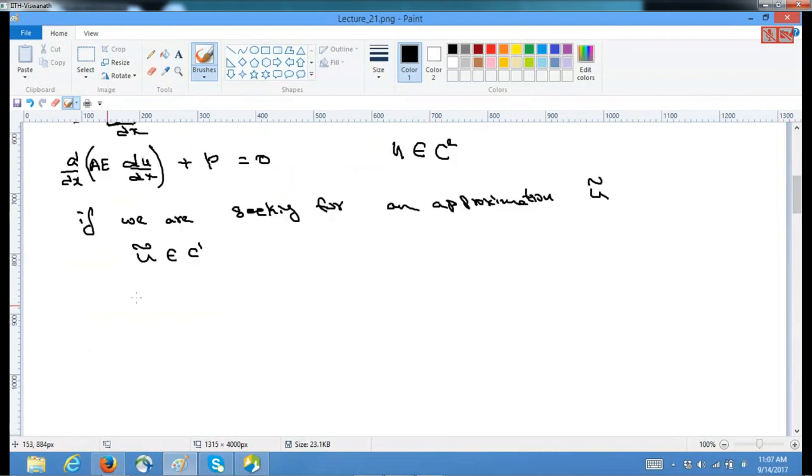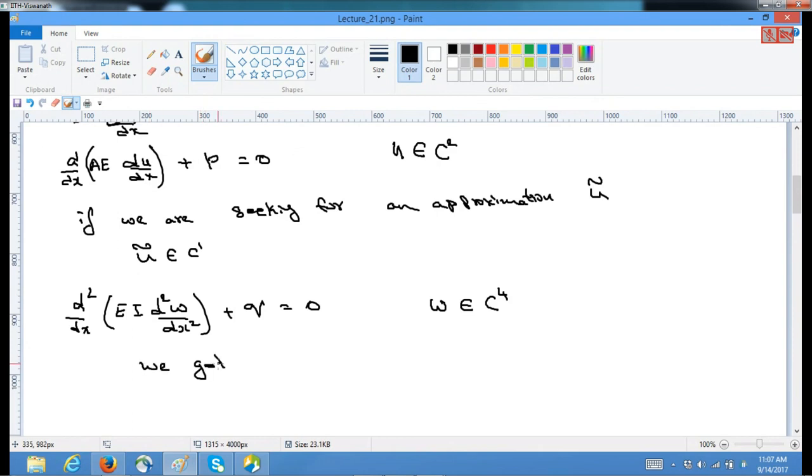Similarly, in a one dimensional beam kind of structure, here W has to belong to C4. But we got an approximation where W tilde is just C2.